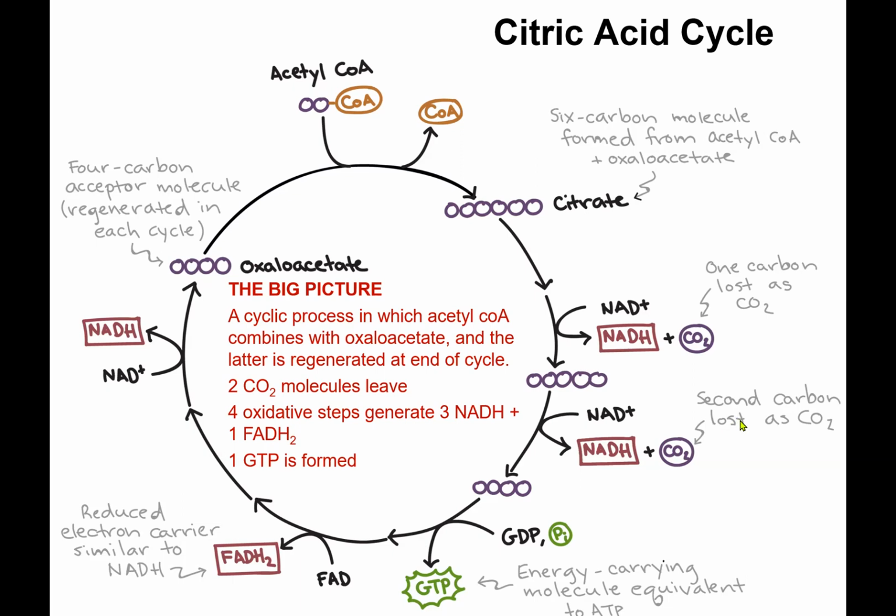And then importantly, we have 4 oxidative steps that generate 3 NADH. So we make an NADH in this step, in this step, and in this step, and we make an FADH2 here too. So we get 4 electron carrier molecules, and we actually also form a GTP, which is basically equivalent to ATP.